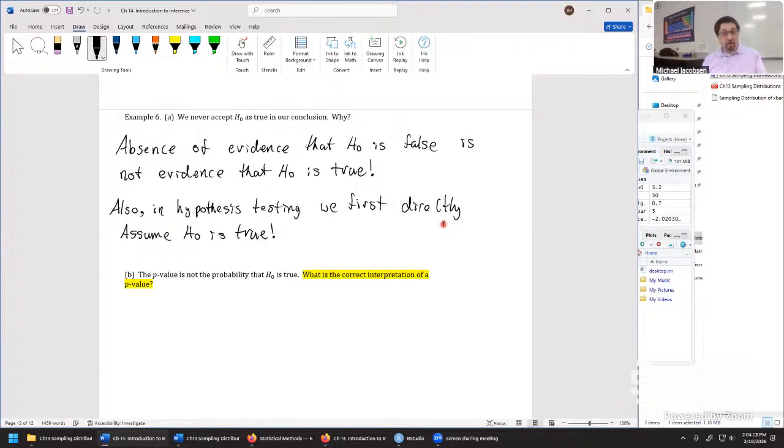That means it can't be our conclusion. We were just assessing how reasonable that statement is. How strange is our test statistic, in terms of standard deviations that our sample is away from a hypothesized value? Because that was the first step in hypothesis testing. It can't be our end conclusion. We're only seeing if we can make that assumption look unreasonable based on our data.